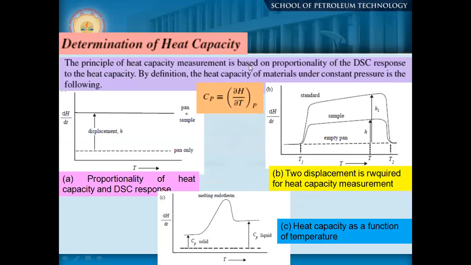So how do you determine the heat capacity of the system? Because now we are going for a quantitative analysis. The principle of heat capacity measurement is based on the proportionality of the DSC response to the heat capacity. If you remember, we discussed that to get accurate results in your DTA or DSC, you should be very careful about your instrumentation.